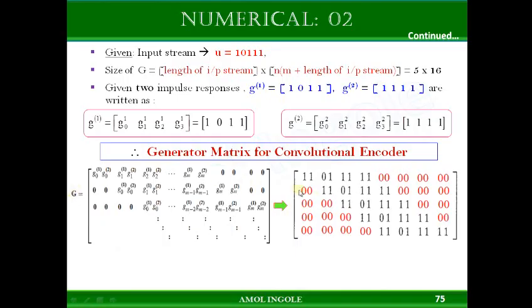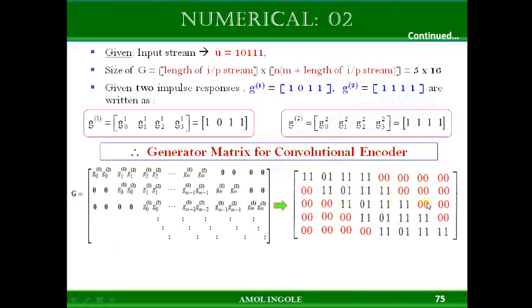The next row, that is the second row of the generator matrix, will be obtained by shifting the first row by 2 spaces. Why 2 spaces? Because n is equal to 2 here, since there are 2 generator sequences given and there will be 2 outputs. So by shifting the first row by 2 spaces, you get the second row.